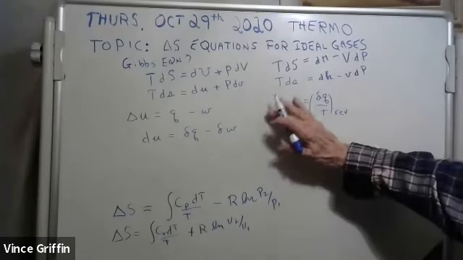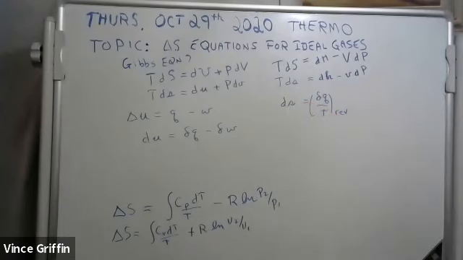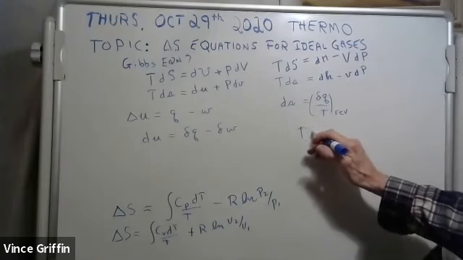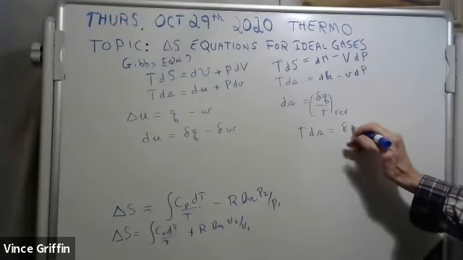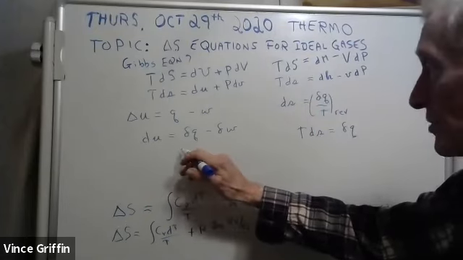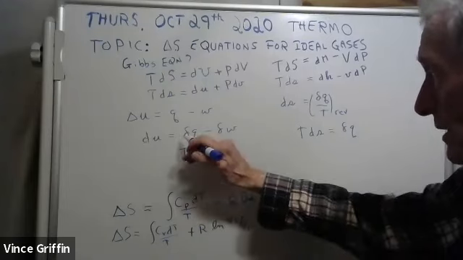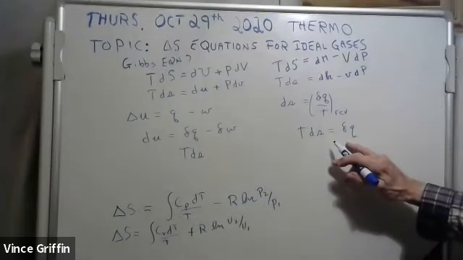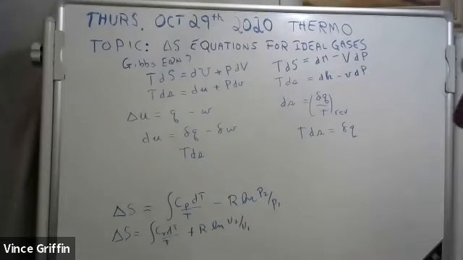Can you read my writing? That's supposed to say d little s. And so T times d little s would equal your dq. Hey, we could substitute T ds for that little dq. Keep in mind now, it had to be a reversible process.